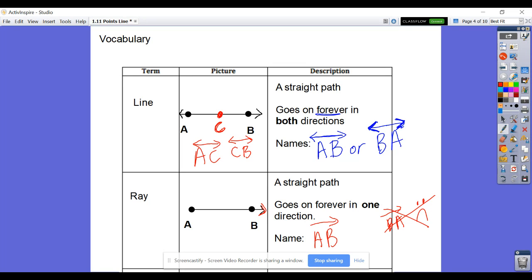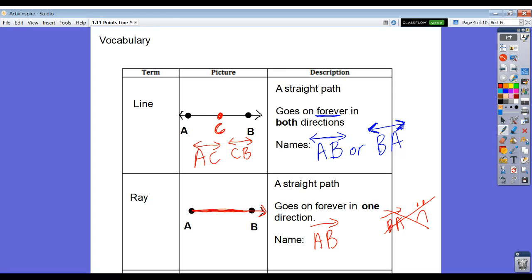You want to go from this end point toward the arrow that it goes and name him in that order. He's just really sensitive about that. Because if we're doing this, right, A to B, it goes on forever in the direction of B. Correct? Yeah. But if we named him accidentally BA, like, why are you calling me that? I don't go on forever in the direction of A. Oh, that hurts my feelings. So please, remember Ray is a little sensitive.